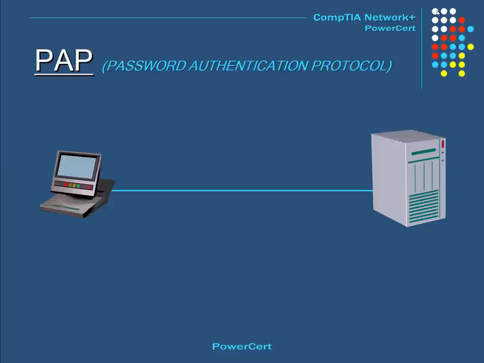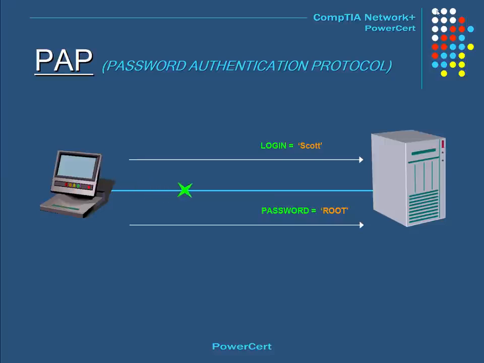Authentication is confirming something that is authentic or true. In computers, authentication is the process of verifying the identity of a user, such as with a username or password. In the world of networking, there are several protocols that are used to achieve authentication.